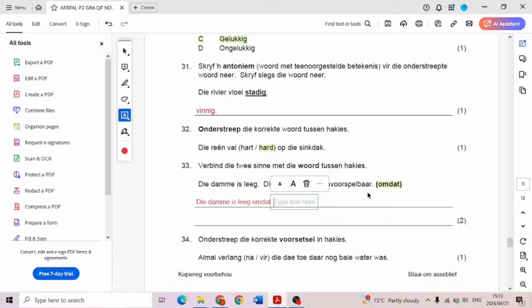So here, die reën was baie onvoorspelbaar. That means the rain was very unpredictable. So was is going to be our first verb because die reën is the subject.